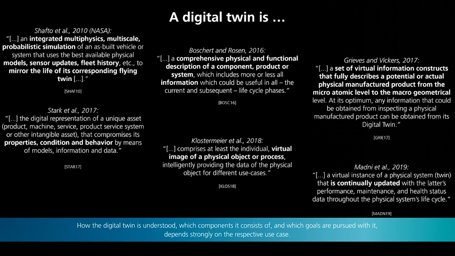One of the main things we figured out is that there was no existing definition for twins for battery cell production. The other aspect is that the motivation why you bring in a twin or why you develop it largely depends on the respective use case. So depending on what you want to achieve, the twin looks quite different.